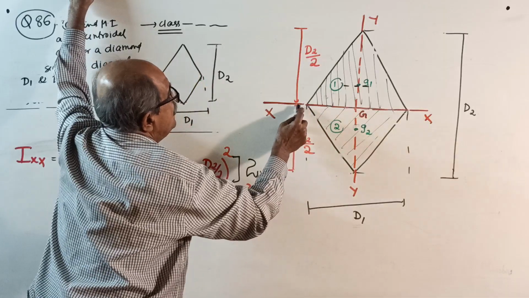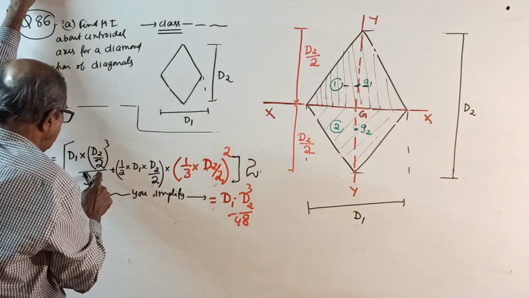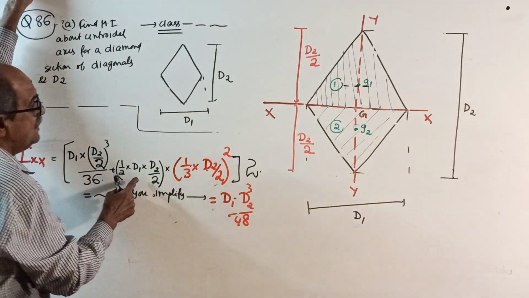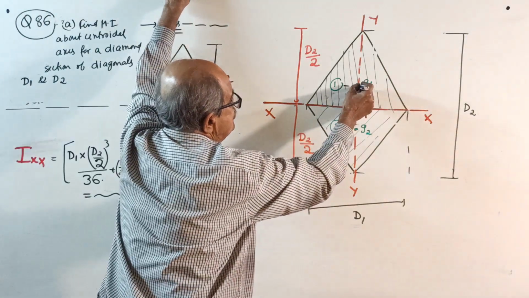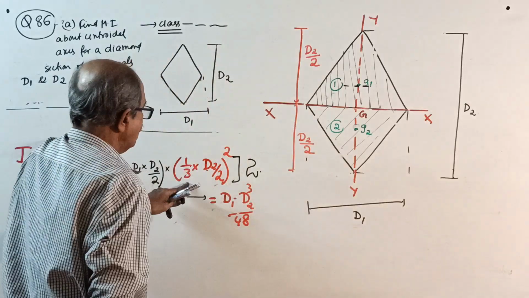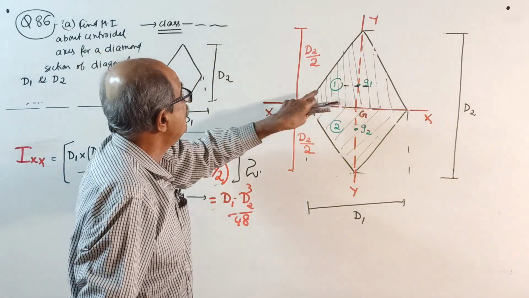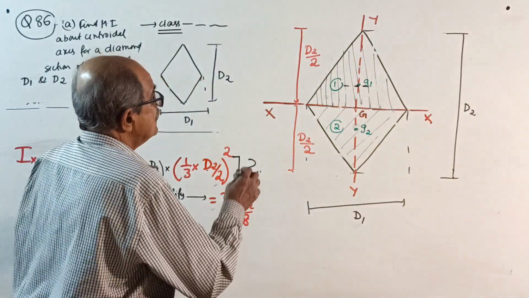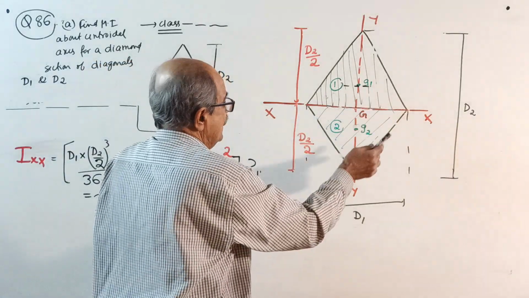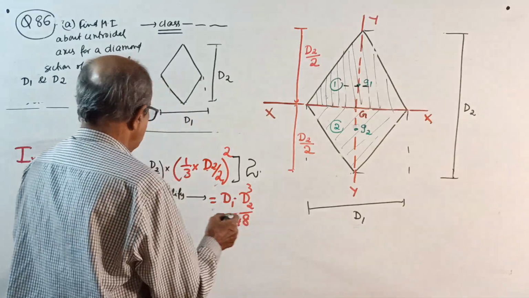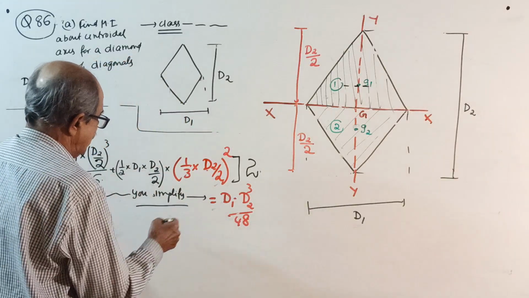Parallel. D1 into D2 by 2 cube divided by 36 plus area into, see, this distance square is 1/3 of D2 by 2 whole square. That is for upper isosceles triangle. Multiply by 2, you get everything. Now you simplify.